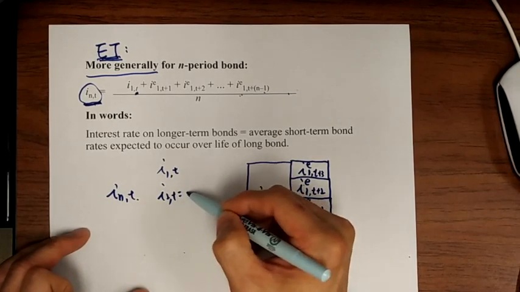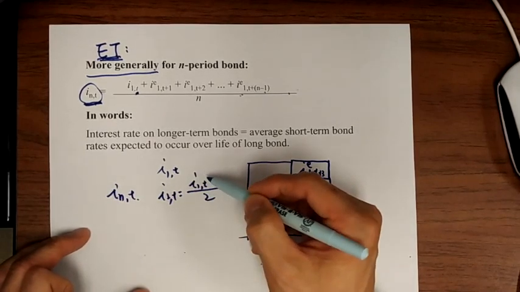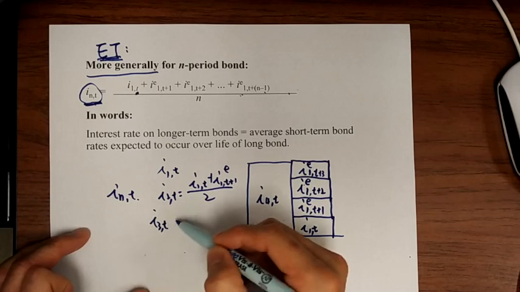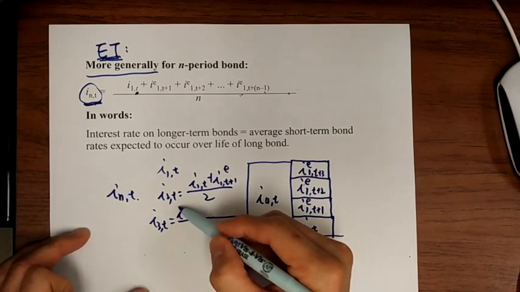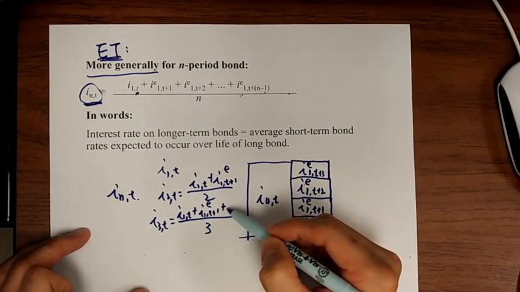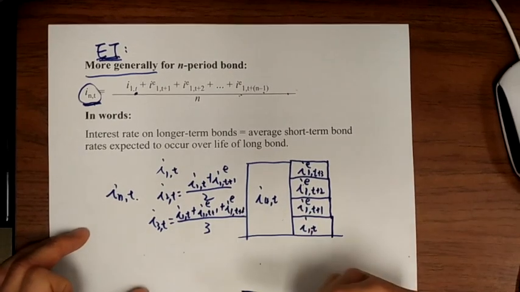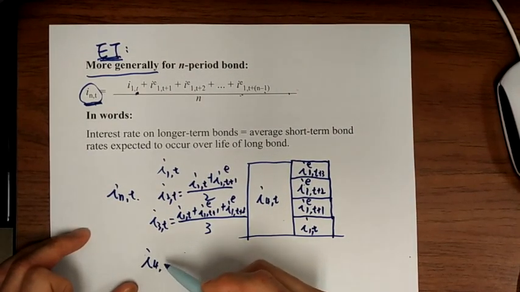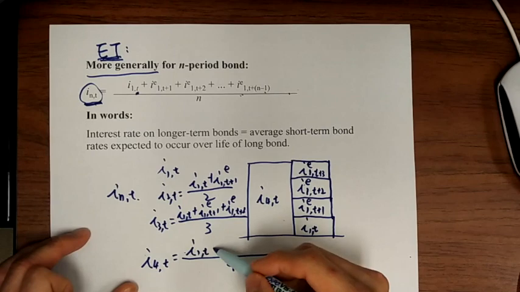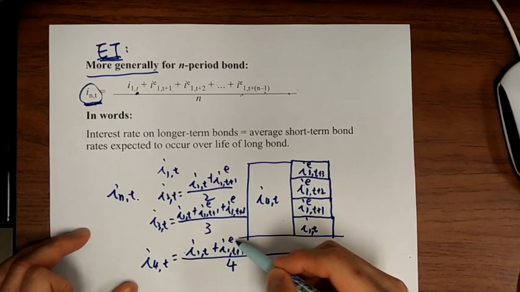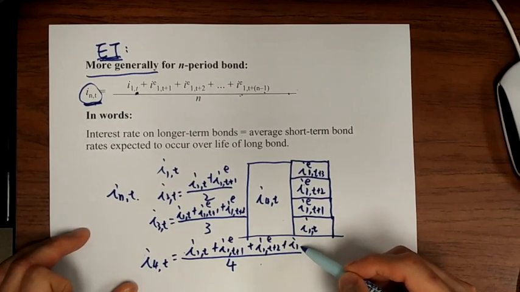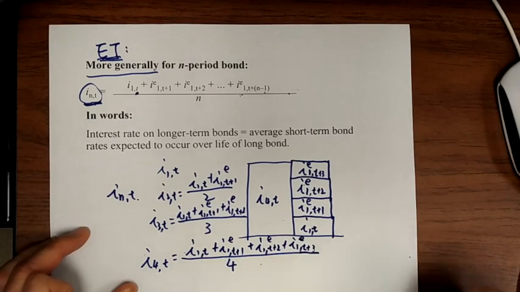The 2-year bond interest rate today should be equal to the average of the next 2 1-year bond interest rates expected. The 3-year bond interest rate today should be equal to the average of the next 3 1-year bond interest rates expected. The 4-year bond interest rate today should be equal to the average of the next 4 1-year bond interest rates. And so on.